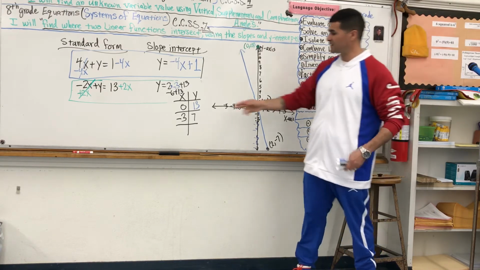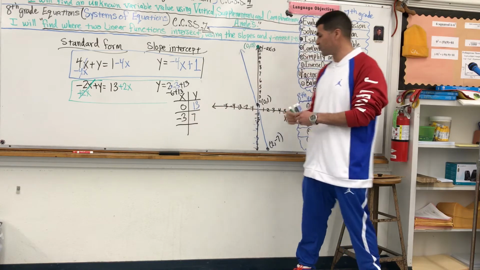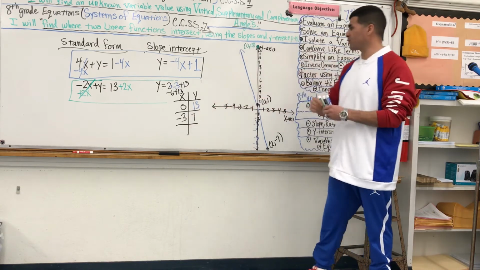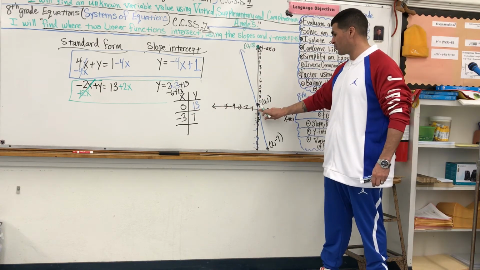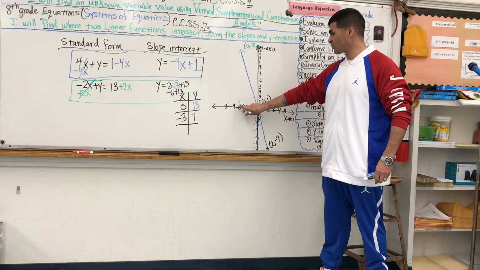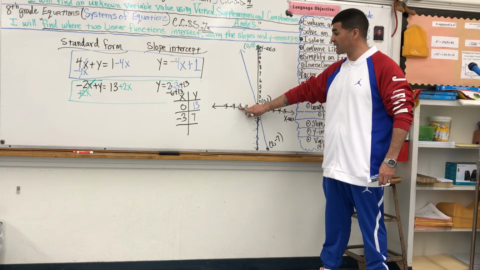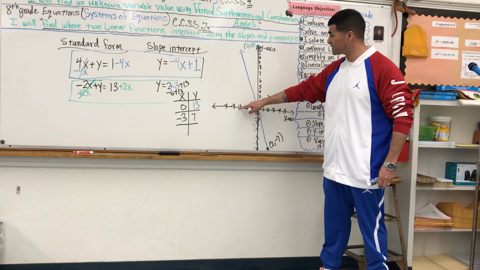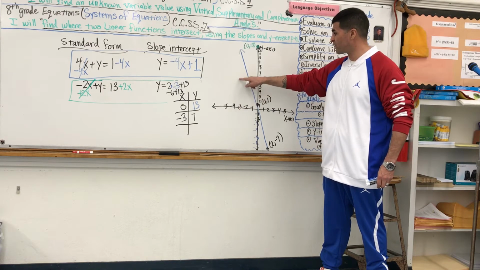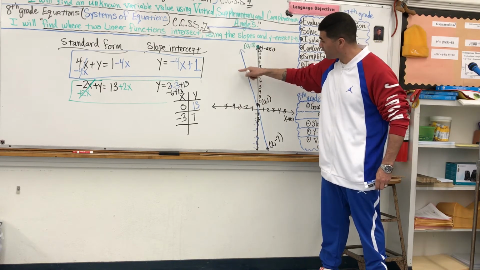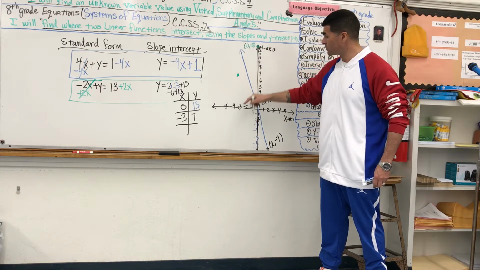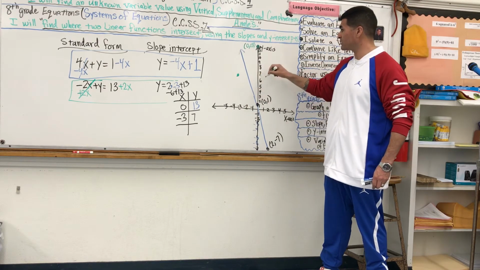So now I'm going to graph my second point when x equals -3, y equals 7. So now I'm going to go 1, 2, 3 to the left, because that's where x equals -3. And now I'm going to go up 7. 1, 2, 3, 4, 5, 6, 7. That's right here, y equals 7. So when x equals -3, y equals 7.